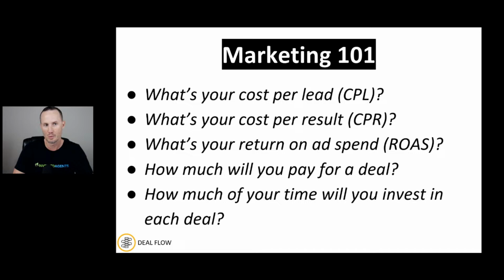And then we have cost per result, or CPR. Now, cost per result can also be called cost per deal, which is different than cost per contract, because not every contract will end up becoming a deal. Some contracts fall out for whatever reason. So cost per result is the actual end event that you're trying to get. In our case, it's actually closing on a house.